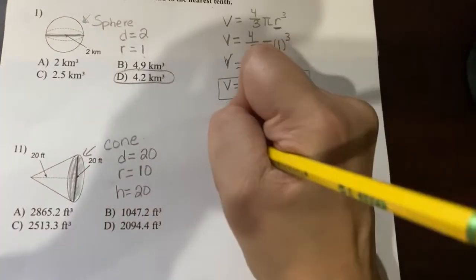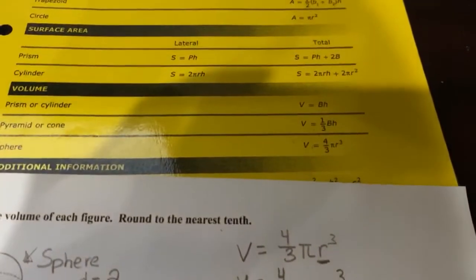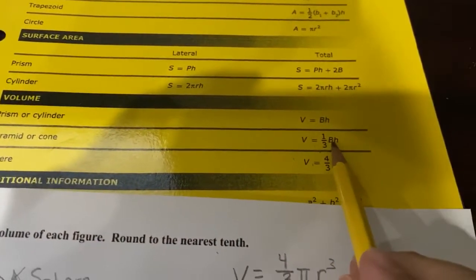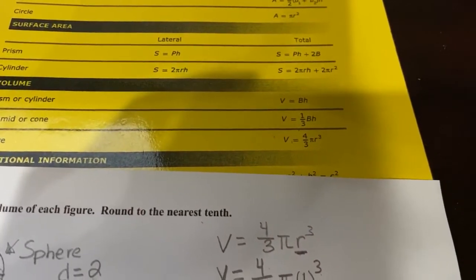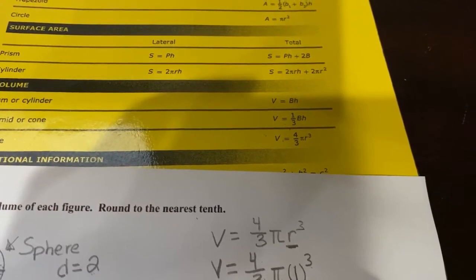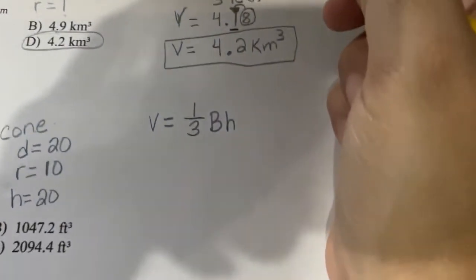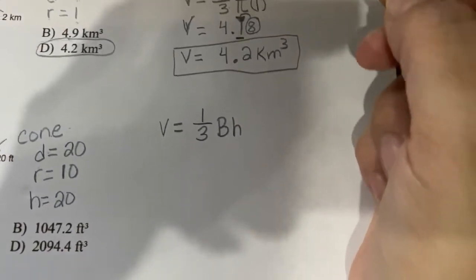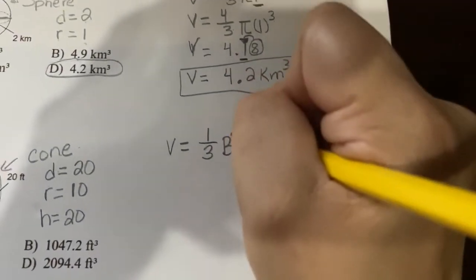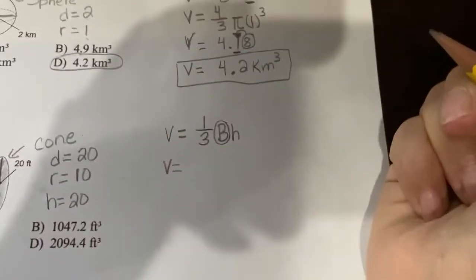Once I do that, now I can go ahead and start with my formula for a cone. Volume of a cone is found right here. This time it's volume equals 1/3 times capital B, which we all know is area of the base, times the height. This time around, that area of the base is going to have to be translated. So how do I translate it?